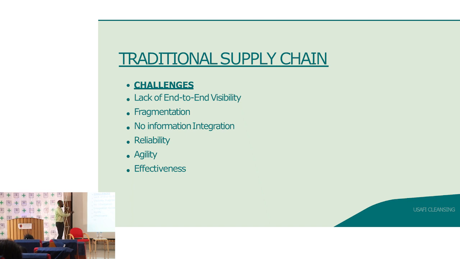There's also fragmentation and no integration. I'm sorry about how the points are arranged. In digital supply, the information is in one source, so there is no information integration in traditional supply. Next slide please.